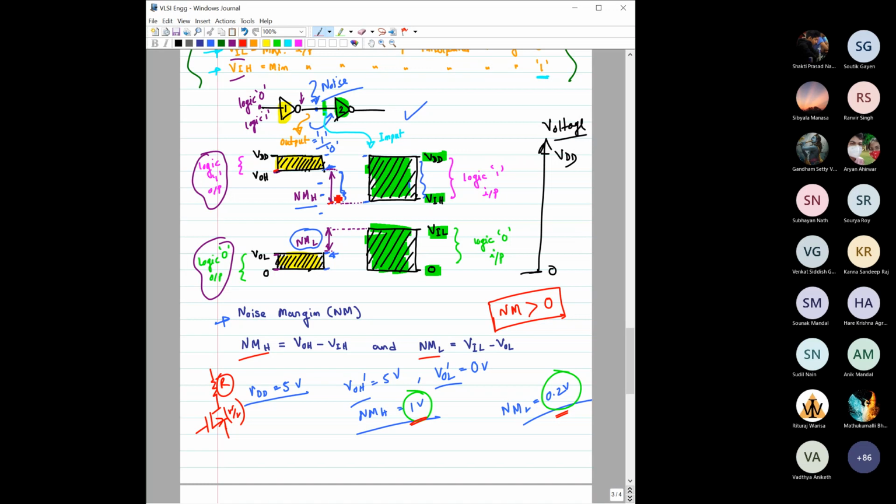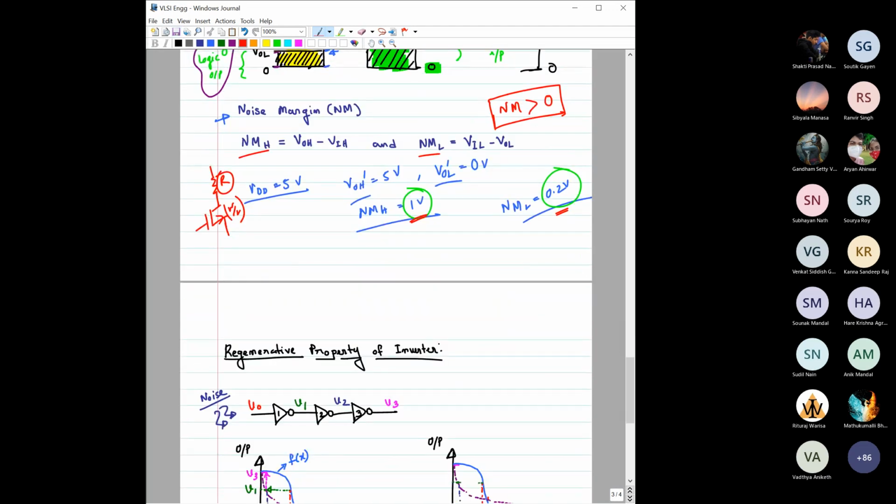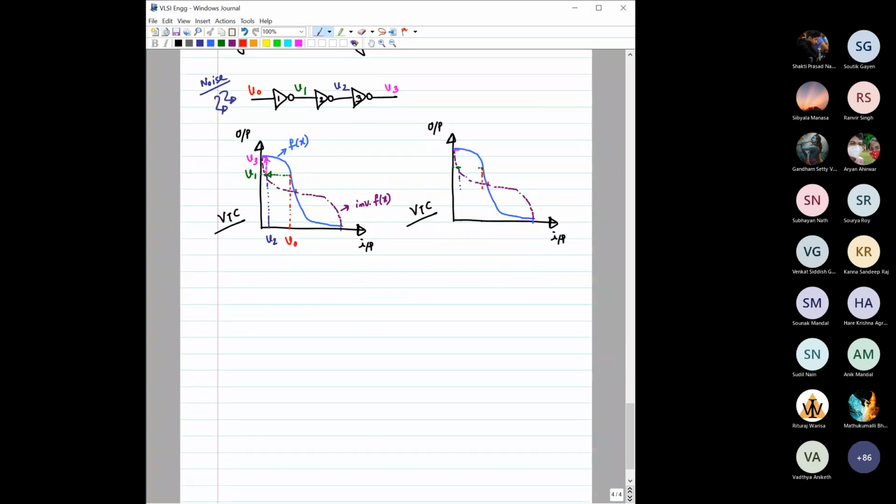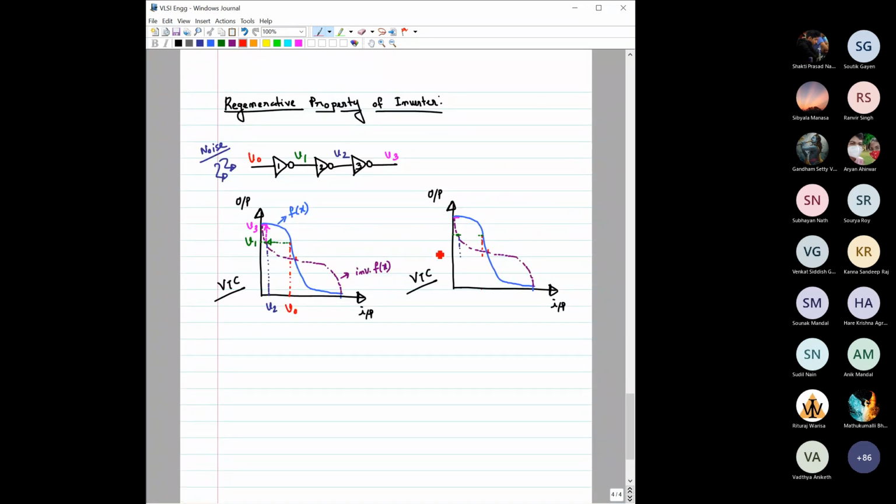Okay, if this part is clear, then let us see the last topic for today's class, which is called the regenerative property of inverter. Instead of 2 inverters, let us say we now have 3 inverters. So this is V naught, this is 1, 2, 3.